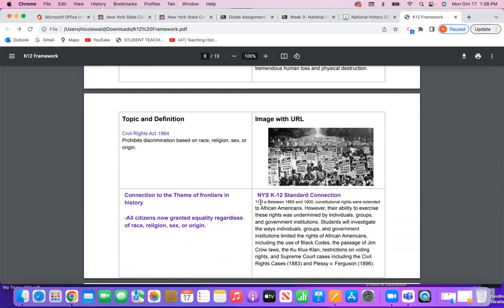And the actual connection is 11.4A. Again, you could go into that one section of the K-12 framework and find several ideas. As America was growing, they were building their frontier on several avenues. Then you can find a lot of things just from this area of the content.